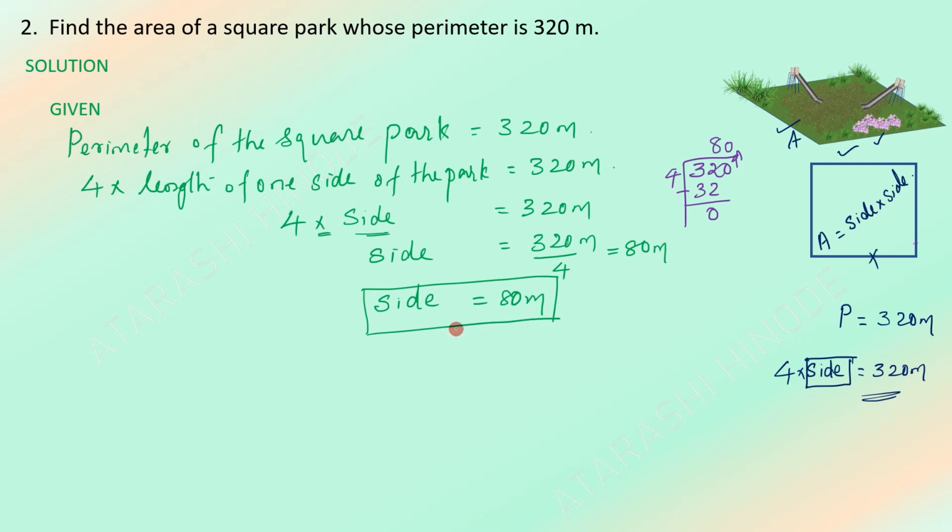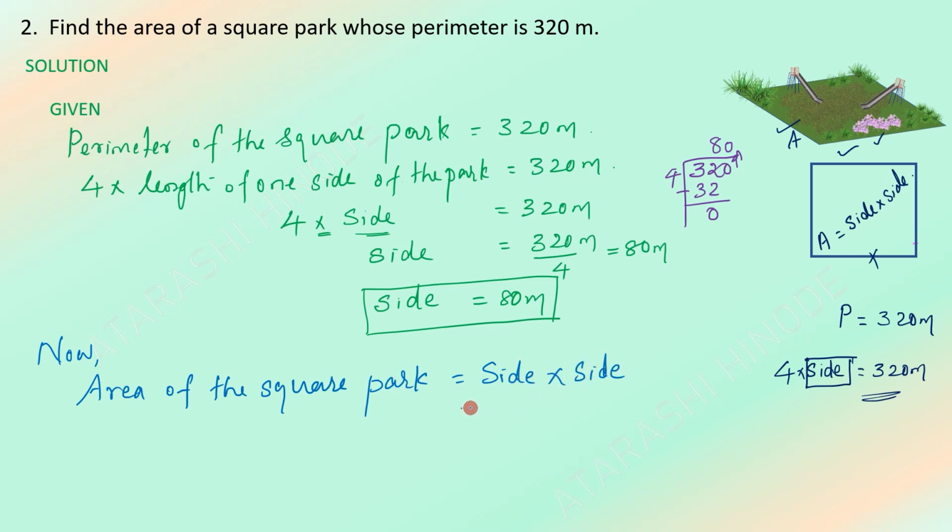Now we can find the area of the square park. Now, area of the square park equal to side into side, that is equal to 80 meter into 80 meter, since the length of one side is 80 meter.